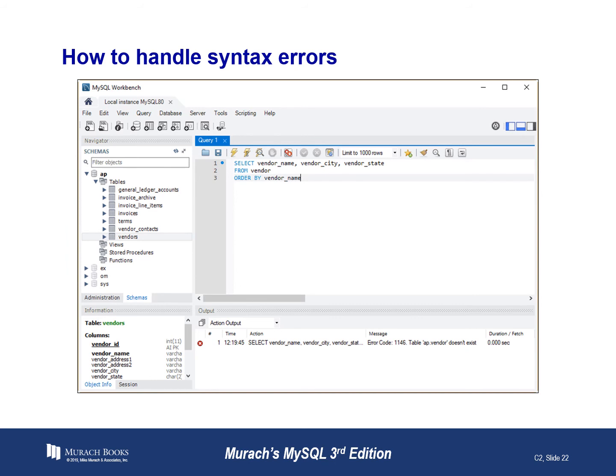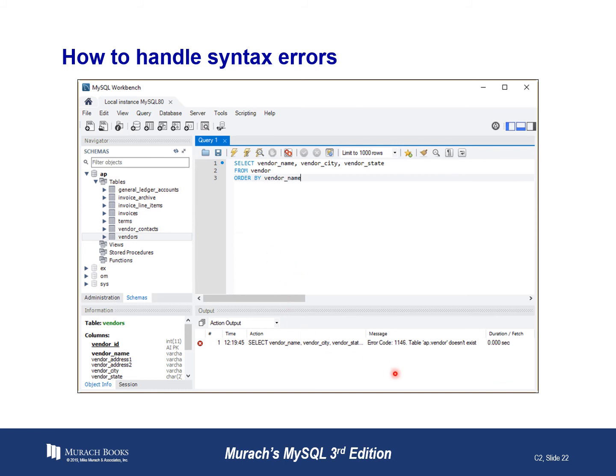Next, let's talk about syntax errors. If the code that you're entering has any sort of unexpected syntax, MySQL Workbench is not going to be able to execute that code properly. Here's an example of a syntax error. You can see on the left side here, the name of the table is vendors, but if you notice, the typo is that they have specified vendor rather than the plural vendors in the code.